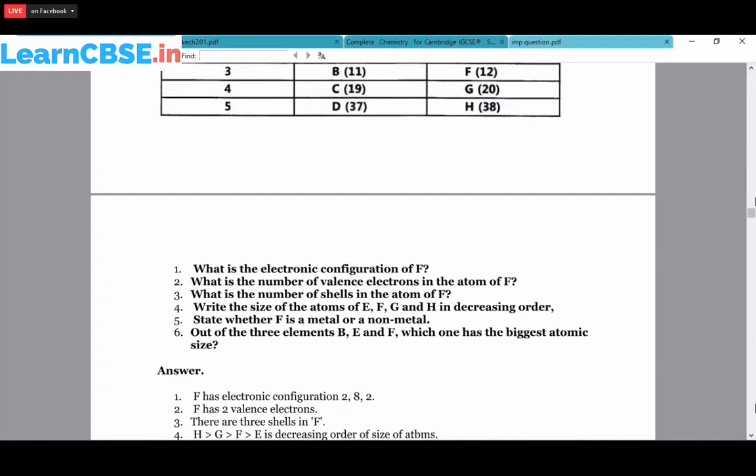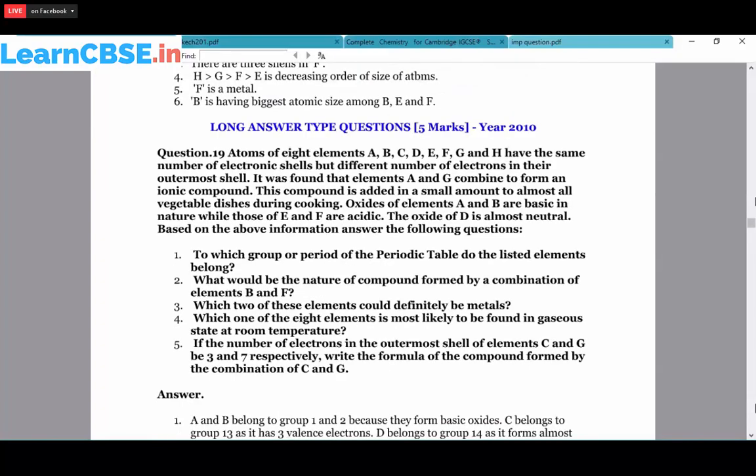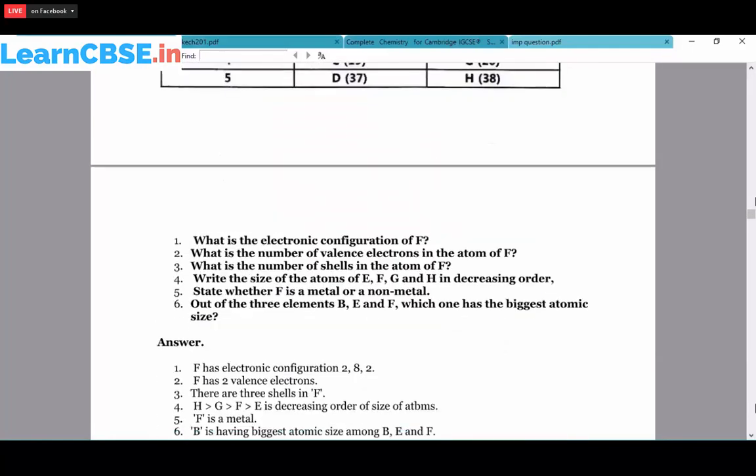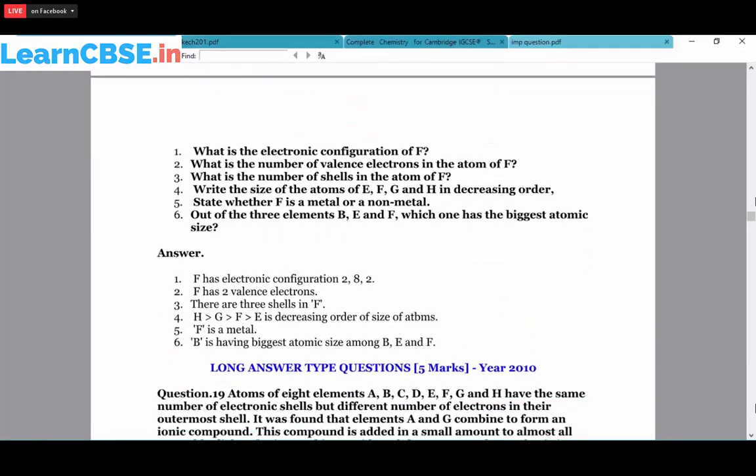Out of the three elements B, E and F, which one has the biggest atomic size?